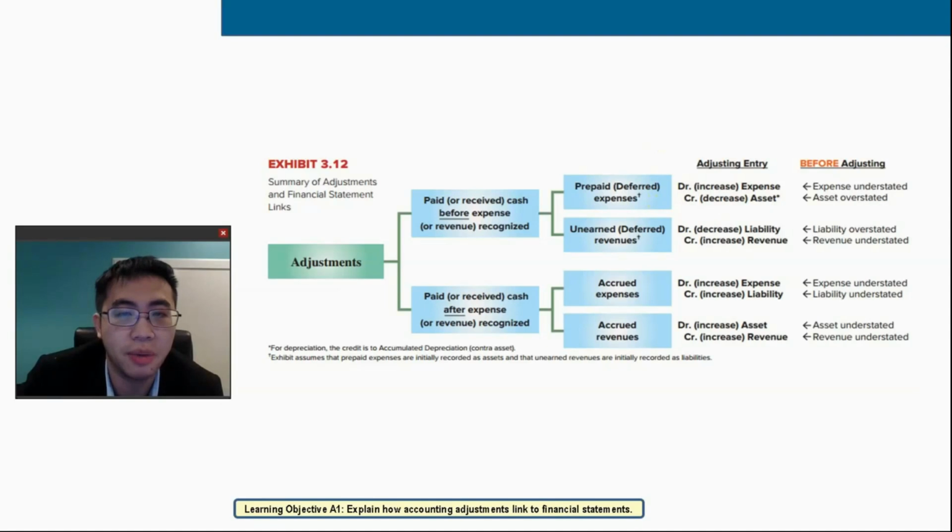So for the rent example, although you have paid 24 months of rent all at once, next month you only have 23 months of rent paid, and then moving to the next month, you only have 22 months paid for the future. So that asset actually reduced. And then you will see the expense being incurred, and when expense is incurred, that should be a debit. And this expense in the example is the rent expense.